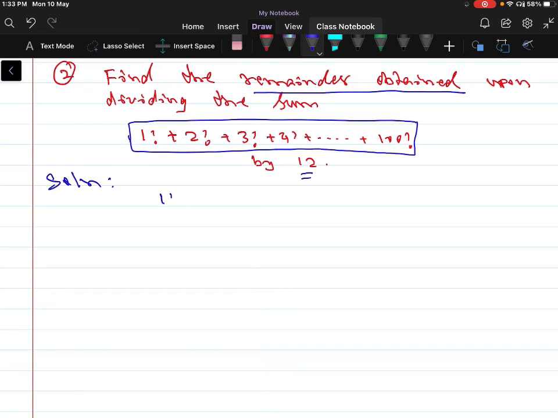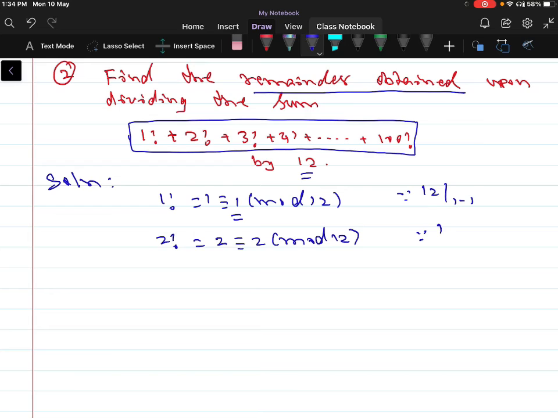So 1 factorial is equal to 1, which is congruent to 1 modulo 12, since 12 divides 1 minus 1. So therefore the remainder of 1 factorial is 1. So 2 factorial can be written as 2, so that is congruent to 2 modulo 12, since 12 divides 2 minus 2.